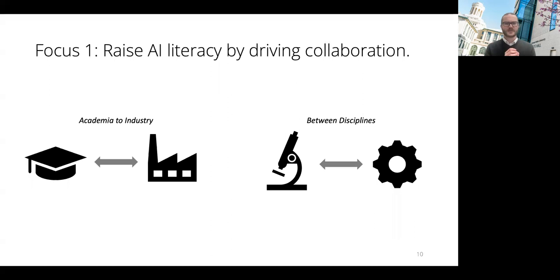So if you compare the terminology and the language used by academia versus industry, right? We use very different terms to discuss AI. And in some cases, I'd say that maybe academia is a little more AI literate when it comes to things like opportunities in AI, whereas industry is probably more literate in challenges when it comes to AI, right? So we bring different pieces of the puzzle to the table.